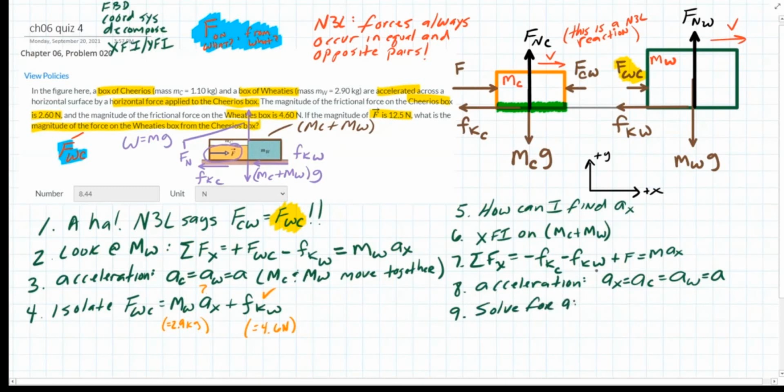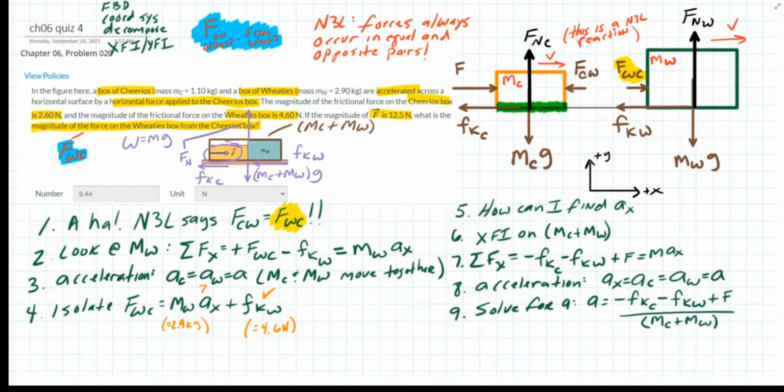So from step 7, here's what I get for A. A equals minus FKC, and I know numerically what that is, minus FKW, I know that numerical value, plus F, I know that numerical value, divided by M. And I might need to update this: this is the mass of the Cheerios plus the mass of the Wheaties.